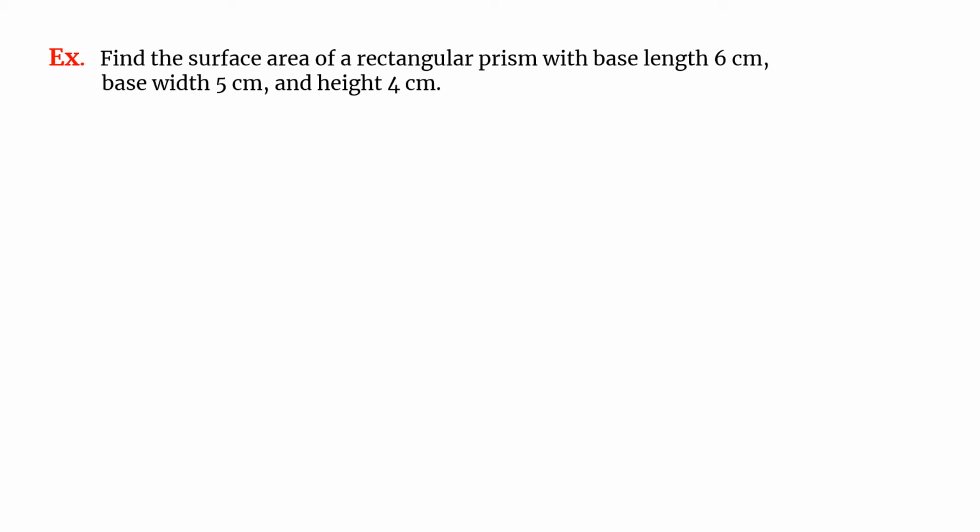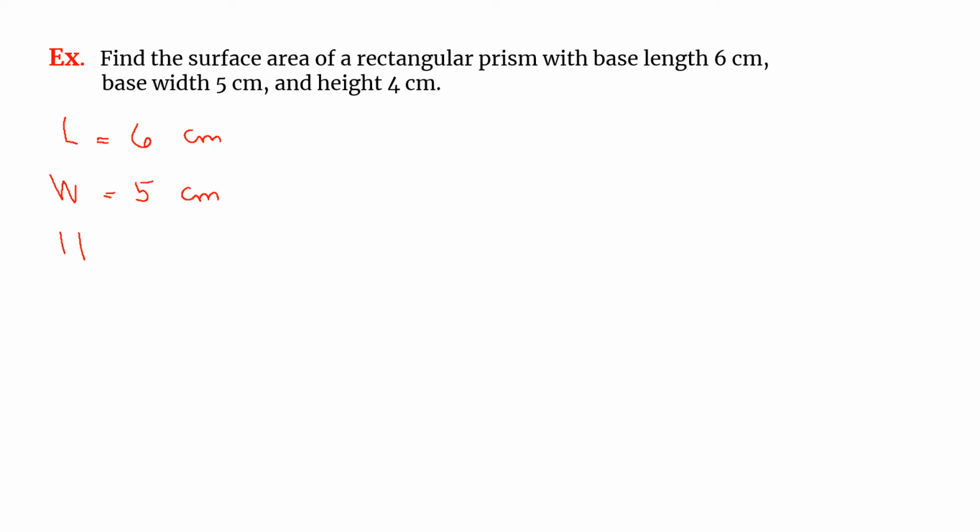Let us have a sample. Find the surface area of a rectangular prism with base length 6 cm, base width 5 cm, and height 4 cm. So in this problem, malinaw na ang length ay 6 centimeters, while the width is what? 5 centimeters.